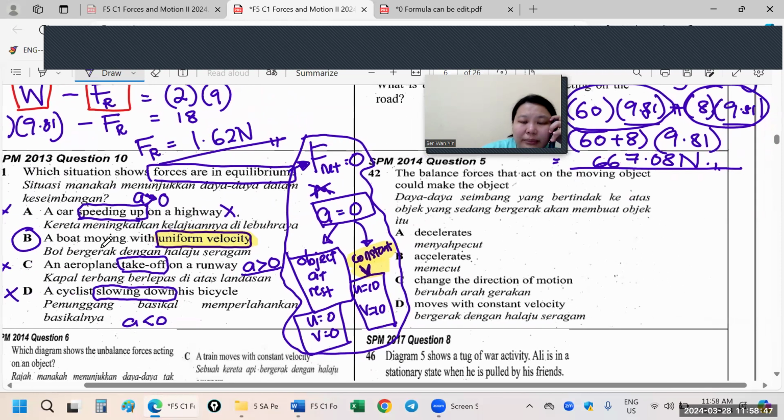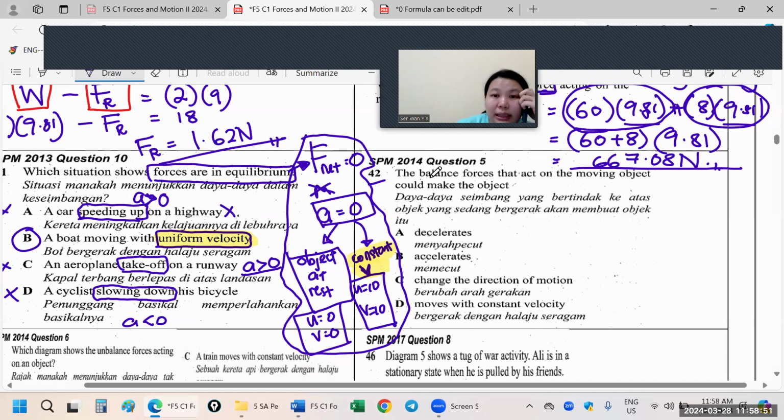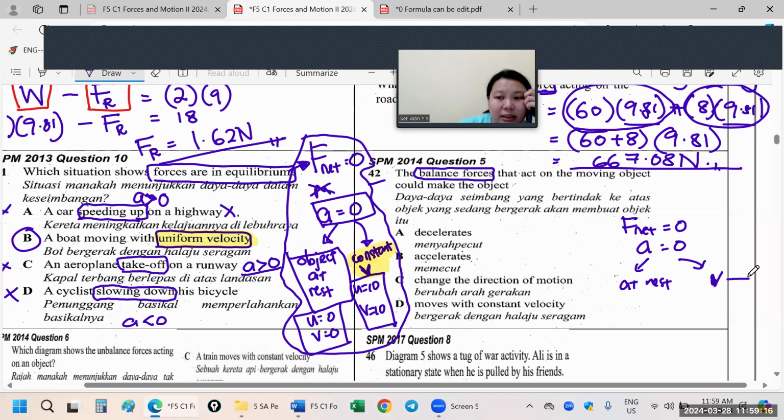Okay, now number 42. The balanced forces that act on the moving object will make the object balanced. Means net force equals 0, means acceleration equals 0, means object at rest or uniform velocity.